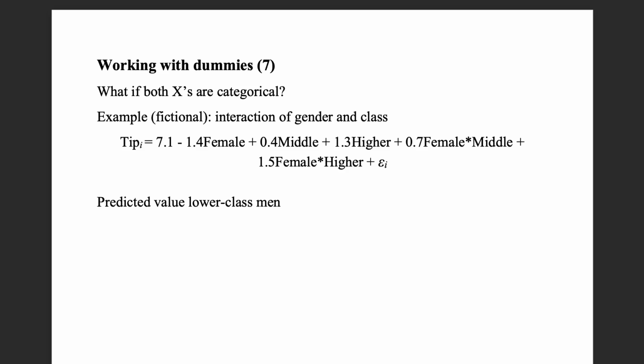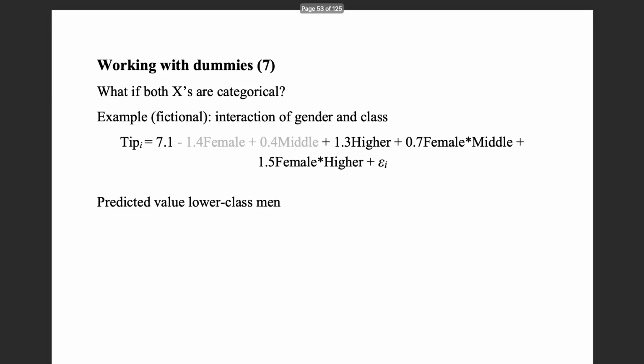Then we get minus 1.4 times female, but these cases do not get the value 1 on female because they are coded as men rather than women. So they get the value 0 on the female dummy, which means that we would multiply that regression coefficient of minus 1.4 times 0, which works out to 0, which means you can drop it from the equation.